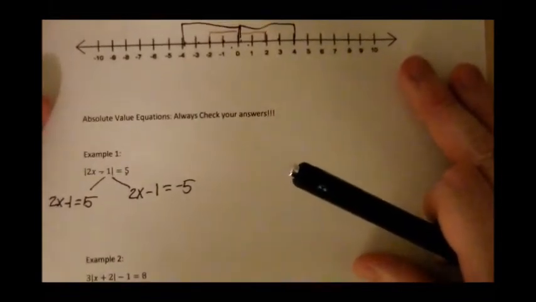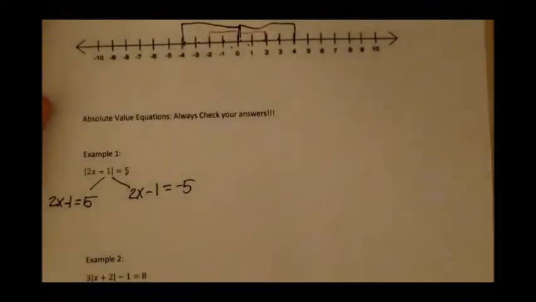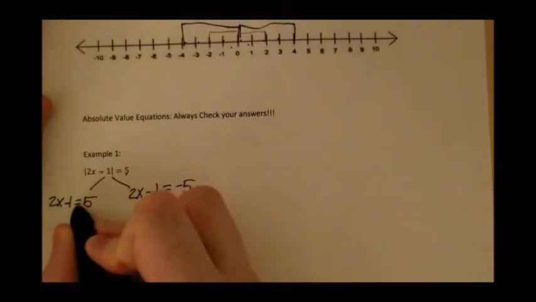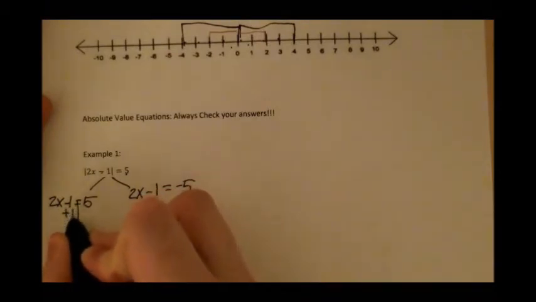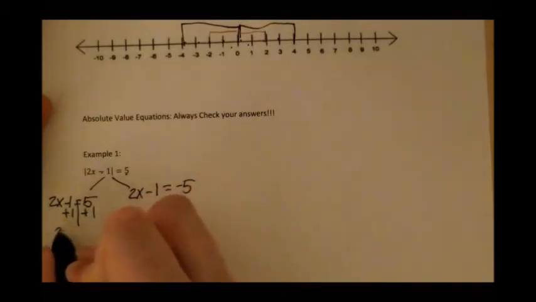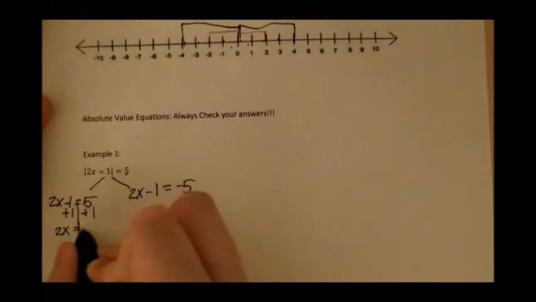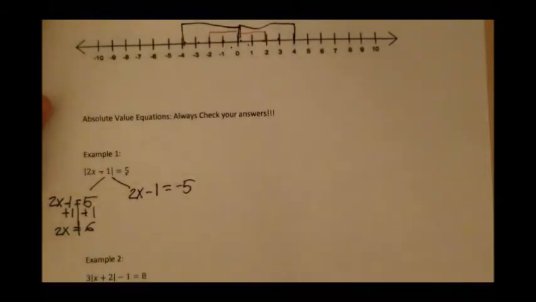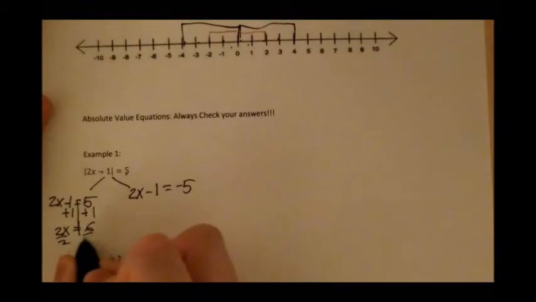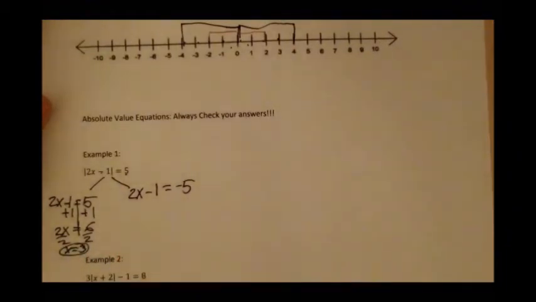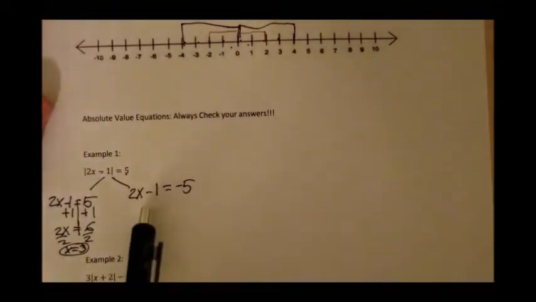So we're cut off just a little bit there. This first one we would just solve like we normally would. You would add 1 over, and you would have 2x equals 6. And then our last step would just be to divide. So we would get x equals 3. How about you guys try this second equation?